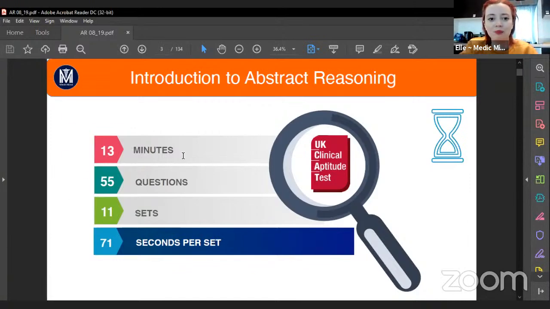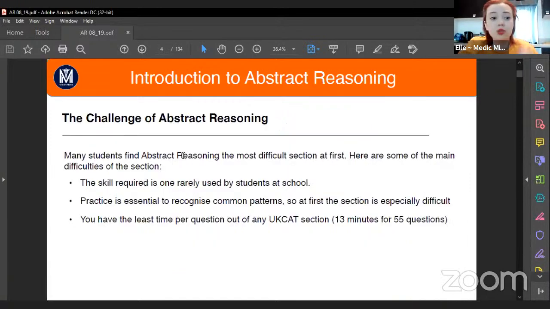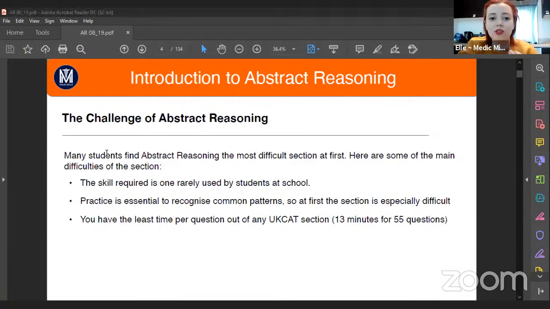So we've talked a little bit about this already, but really the challenge of abstract reasoning, and the reason that it is so difficult, is because it's a skill that you don't often use day to day. Those of you who are coming from school or from college, this is probably not something you've done before. Practice is essential in order to recognize common patterns.